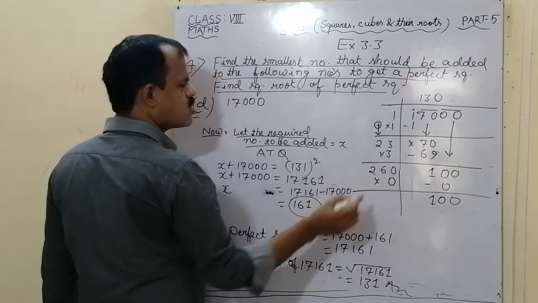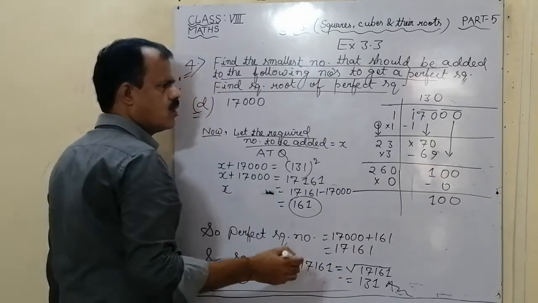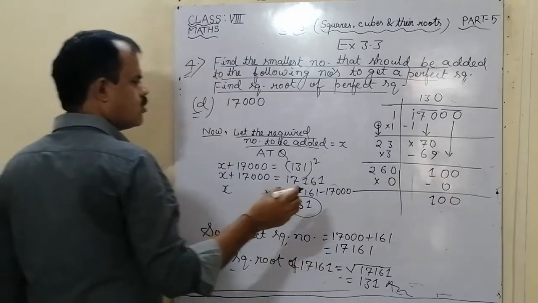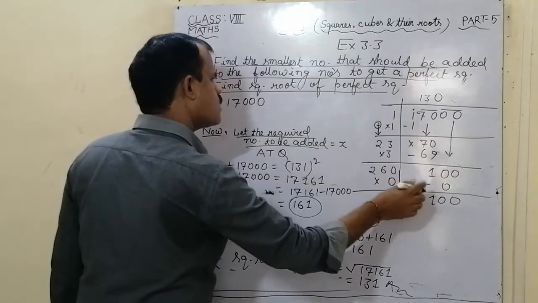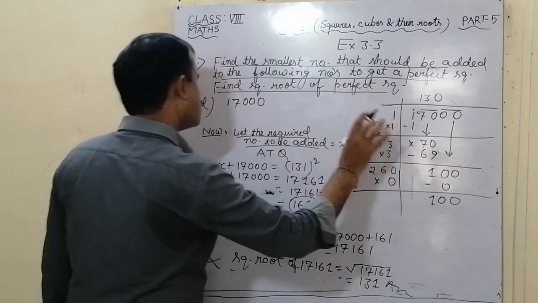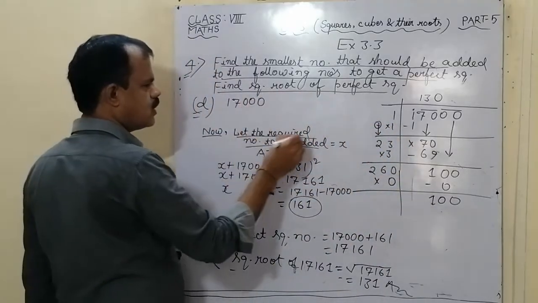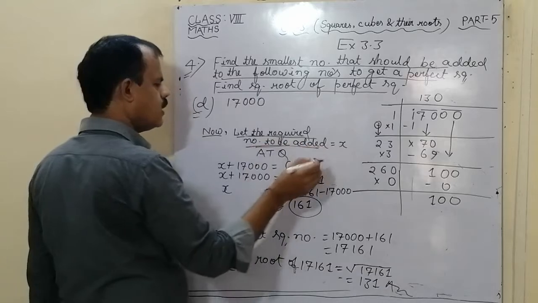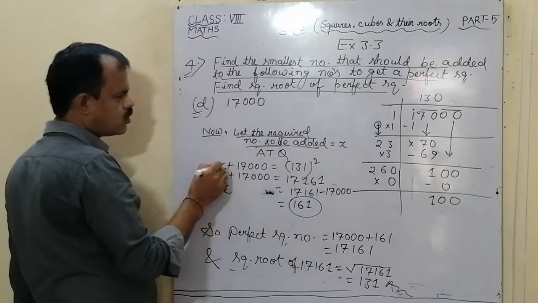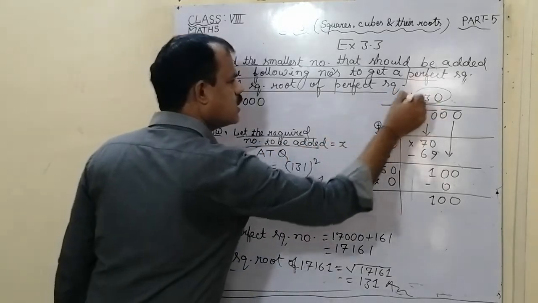Now the number is 2, 6, so we put here 0. So here you see 130 squared is less, we have to take 131 squared. Let the required number to be added be x. So 17,000 plus x equals 130 here.